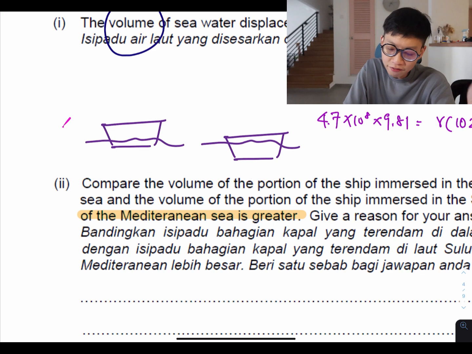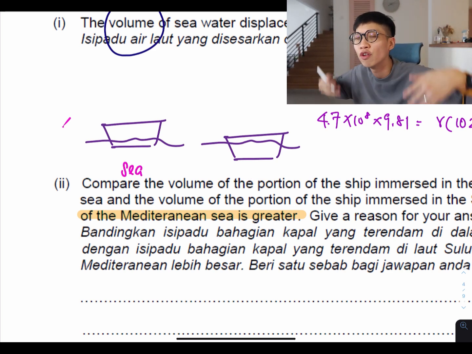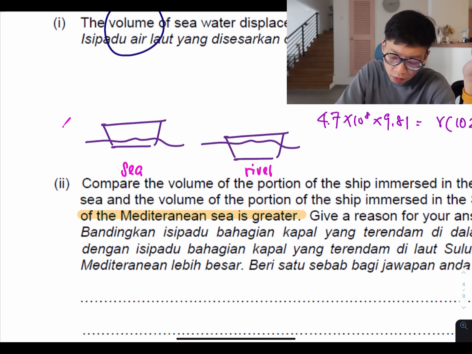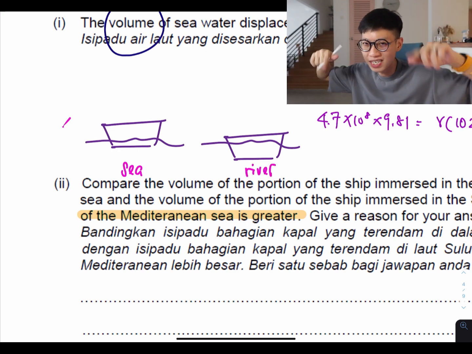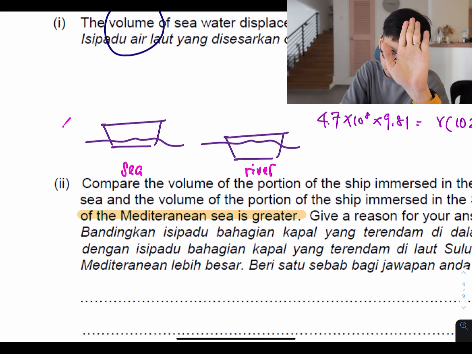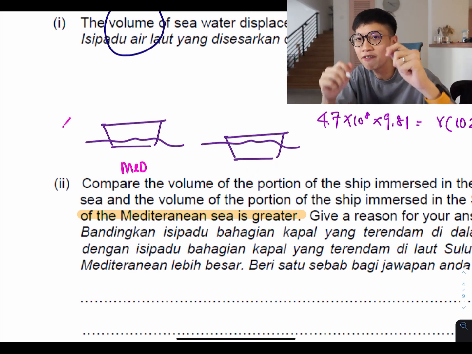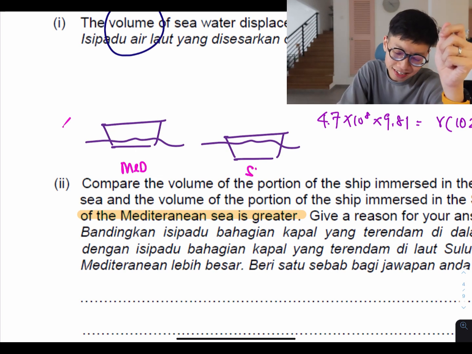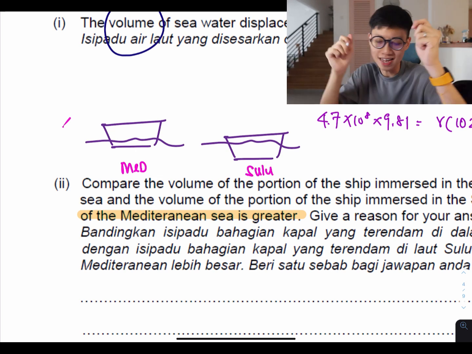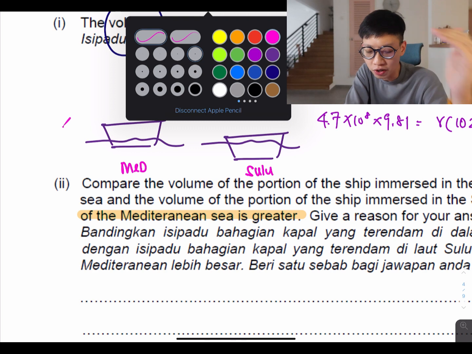Why? Every student will tell me, Jung Hao, I know this is seawater because seawater will float higher, and this is river water because of lower density, so it will sink more. That's why we know that the left-hand side, the Mediterranean Sea, has higher density, and this is the Sulu Sea with lower density.